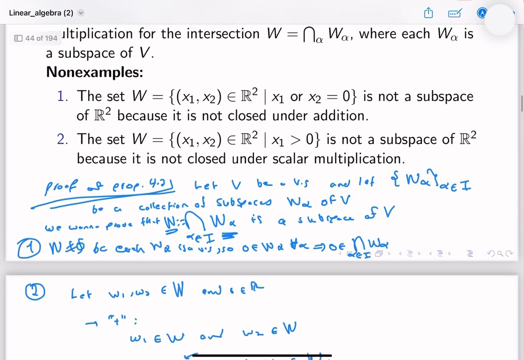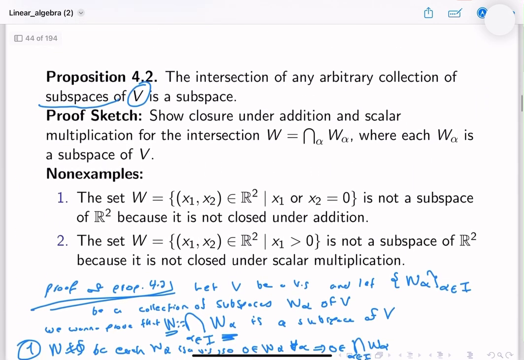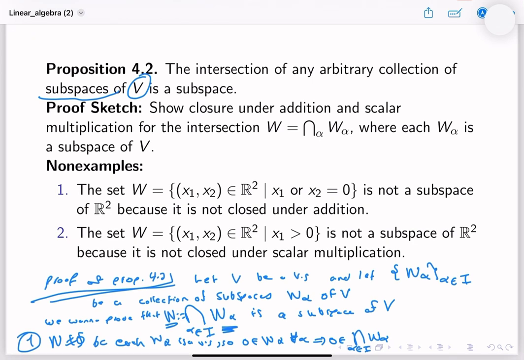That's it. I'm going to leave these two examples for you to verify as an exercise, to see why these are not subspaces. You need to check what property fails. We have two properties: a subspace should be non-empty and should be closed under addition and scalar multiplication.